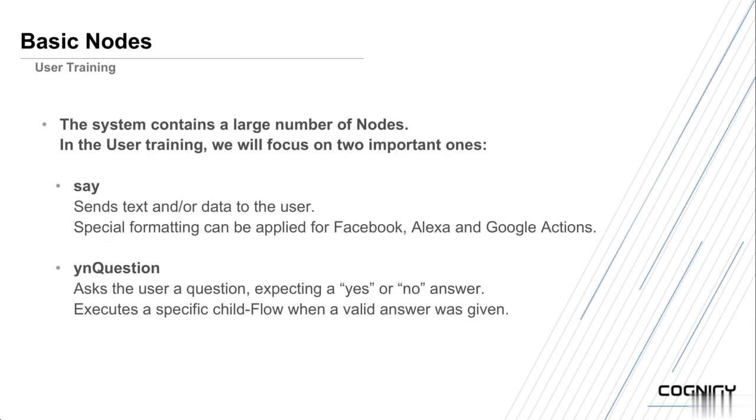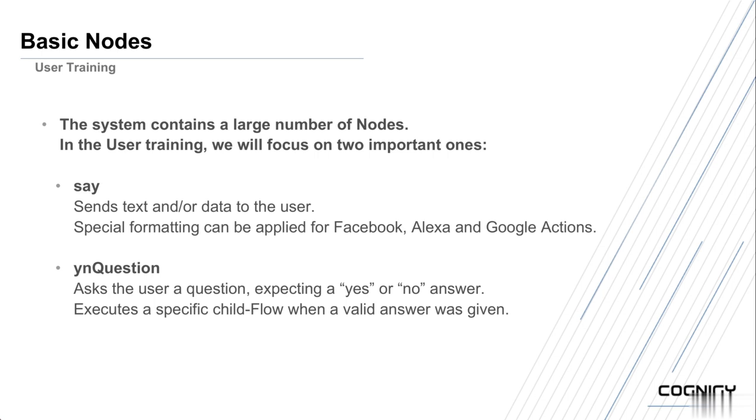Basic nodes. The system contains a large number of nodes. In the user training, we'll focus on two important basic node types, the say node and the yes-no question node. A say node sends text and/or data to the user.